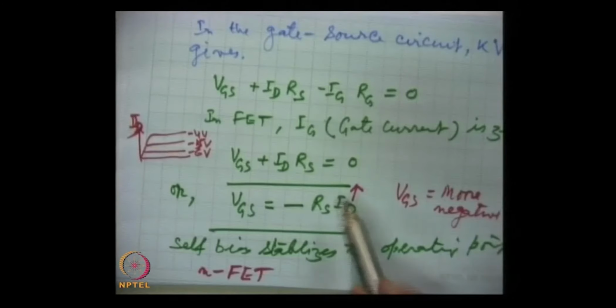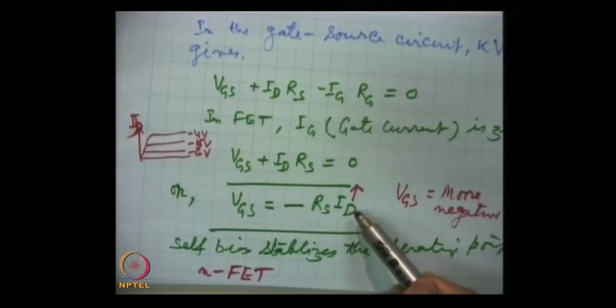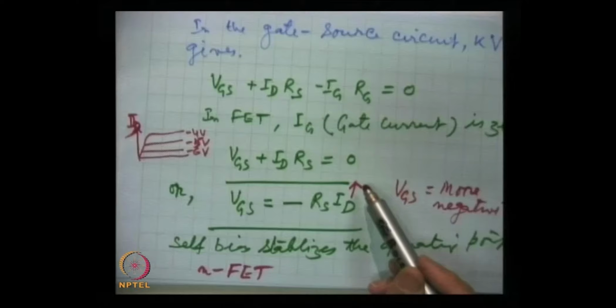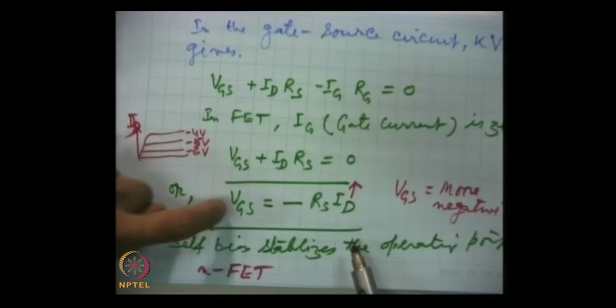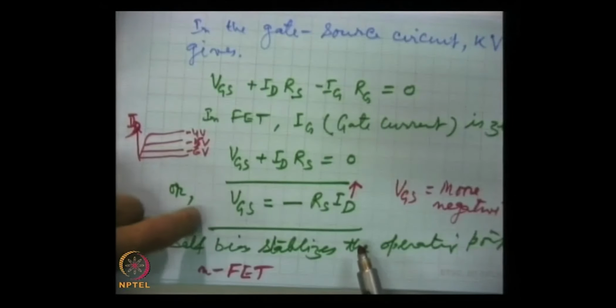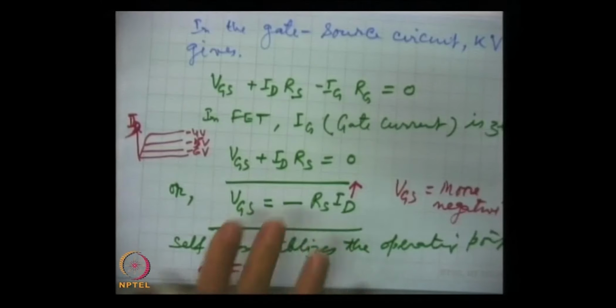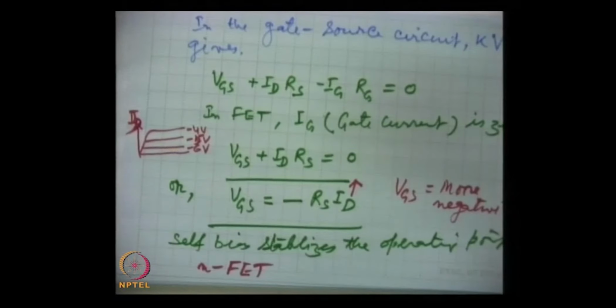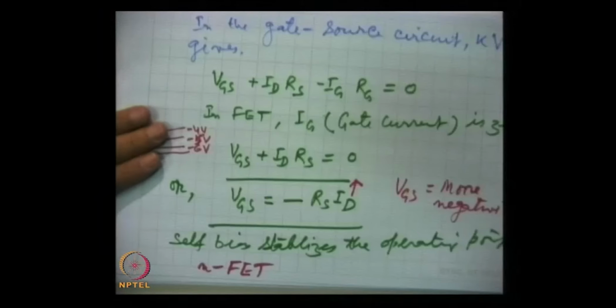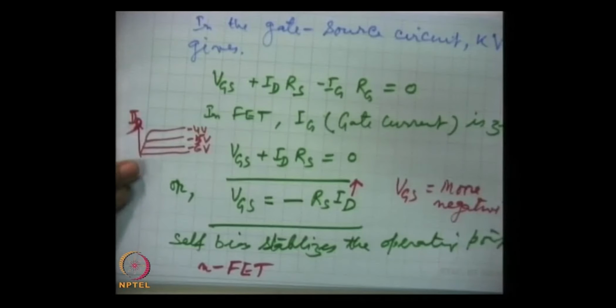So, if this current increases, it will make the gate source voltage more negative, and hence this will take the corrective measures. So, whatever are the reasons for the variation, they will be taken care of.